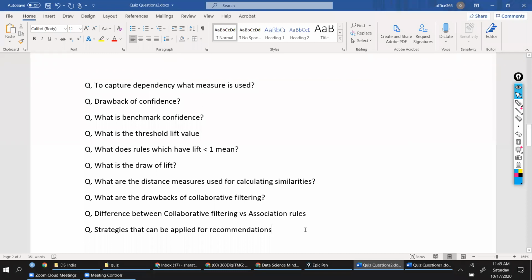But what strategies can I apply to come up with recommendations for similar customers? I have identified similar customers. Now, what strategies can I apply for doing the recommendations?